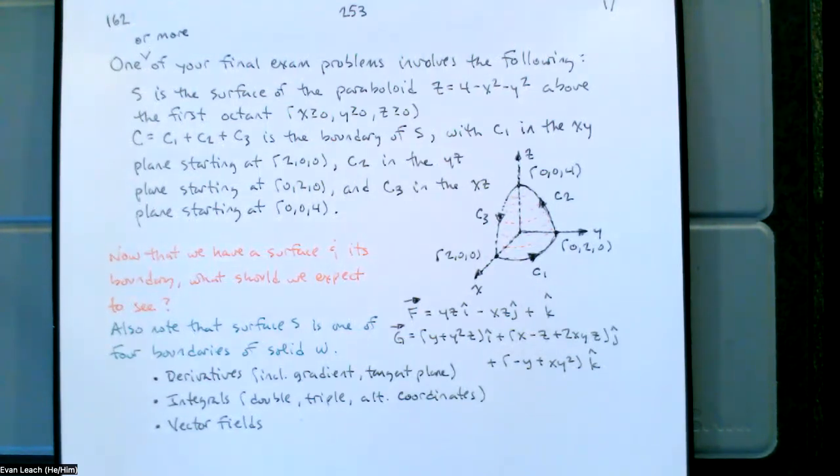One of these vector fields you should definitely prefer. I like this vector field more than the other one. They're probably both going to make an appearance. I haven't made my final cuts on the final yet. But one of them you're going to like more, and I want to know why you like it more. You can't just pick one at random. You've got to know why you prefer this one, especially given this surface.